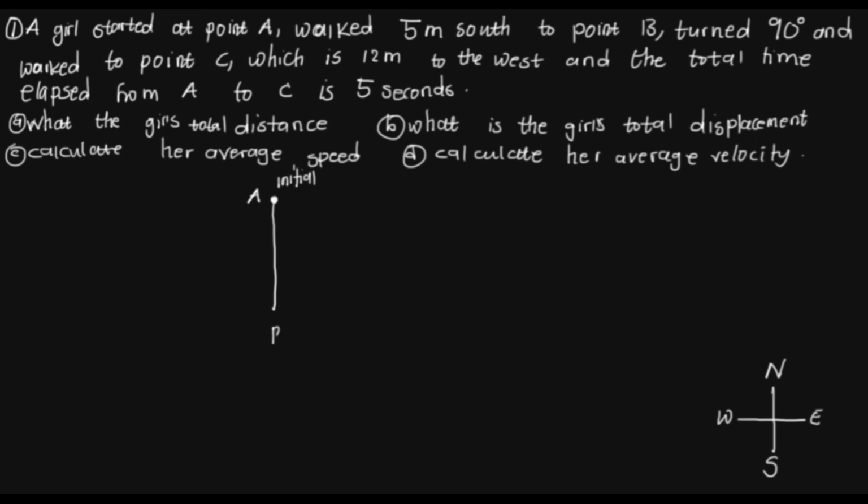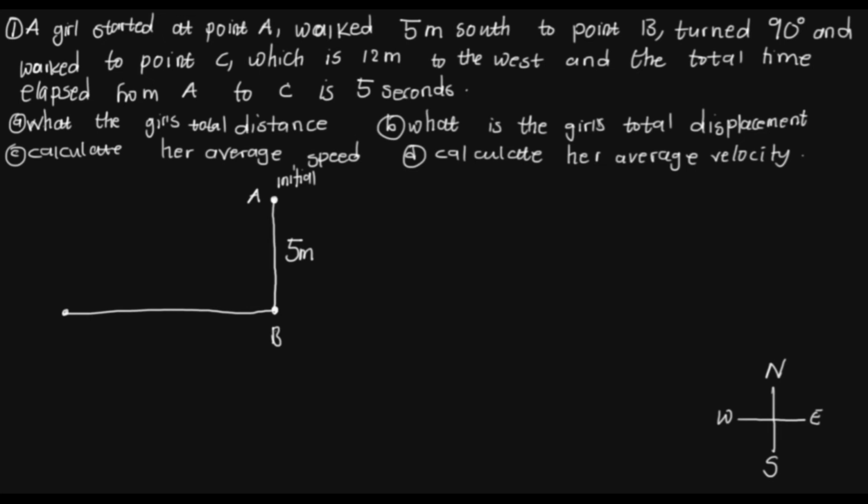So to point B. Let's say this is our point B, and we have been given 5 meters. So the distance between A and B was 5 meters, and she turned 90 degrees. After turning 90 degrees, this girl now went to the west. So now we are going to move in this direction.